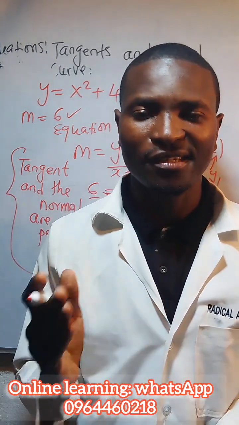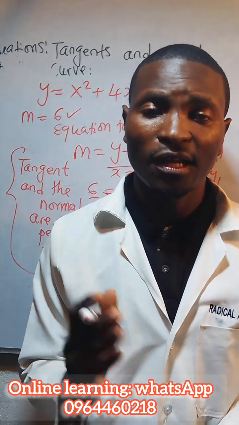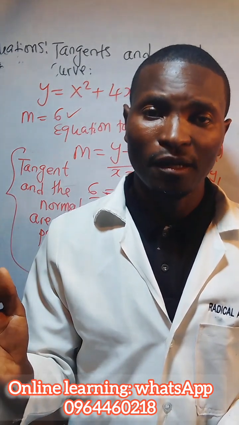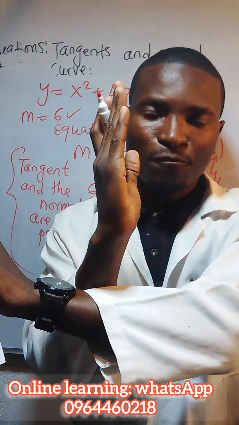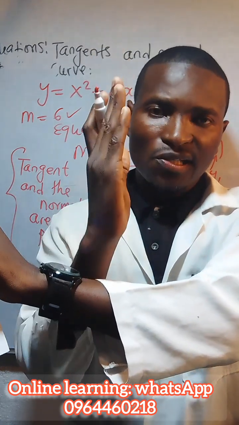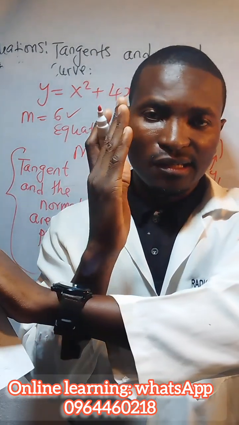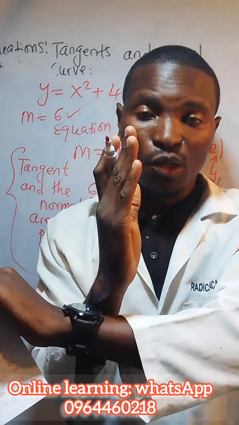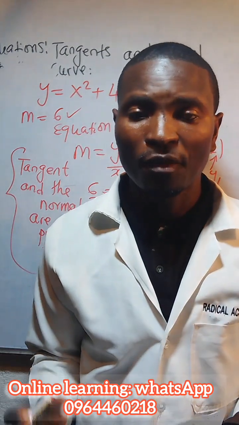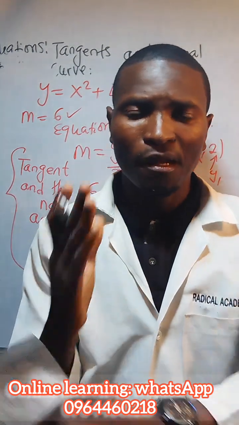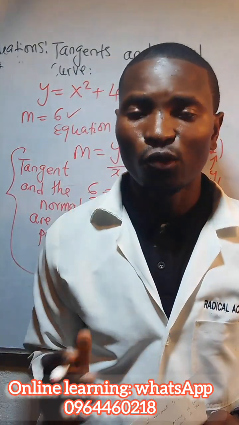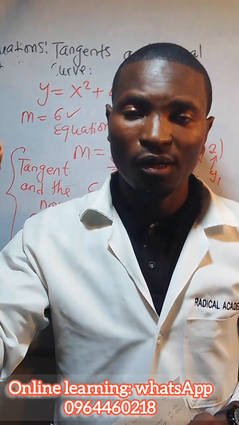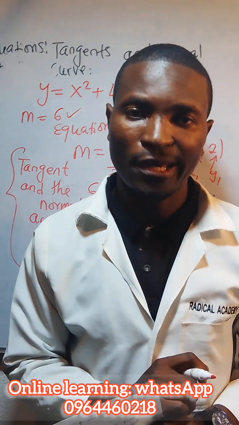Now, because the tangent as well as the normal are perpendicular, they become like this. So meaning, this and this, the horizontal and the vertical, give us the concept that the gradient of this and the gradient of that will equal -1.